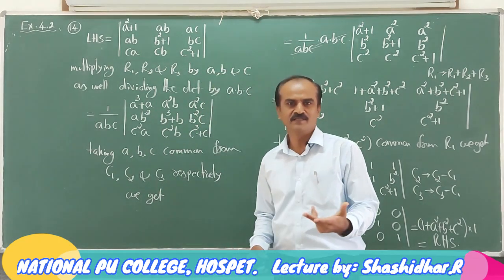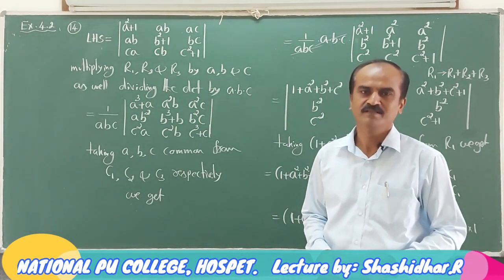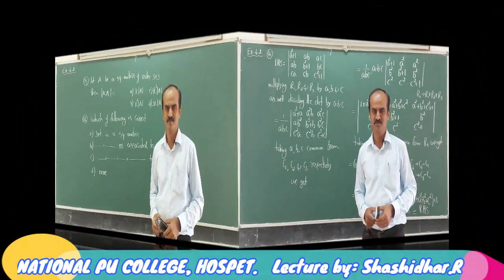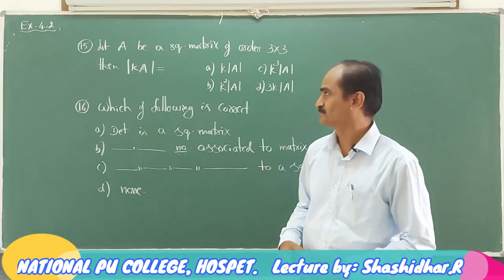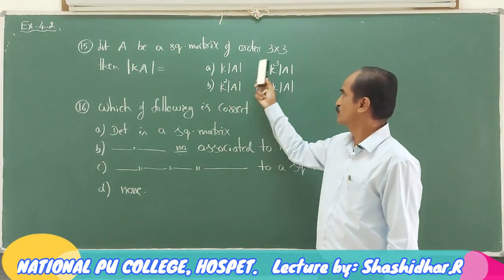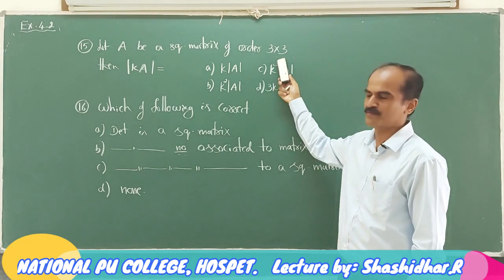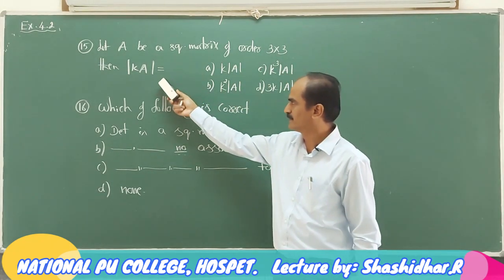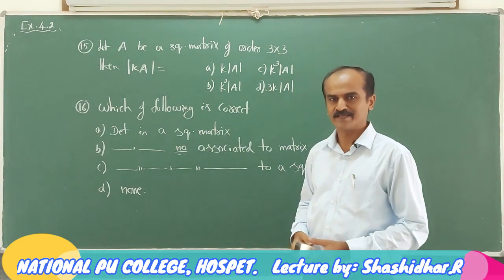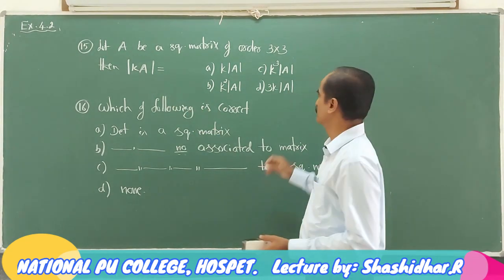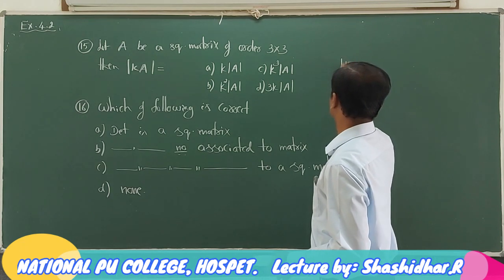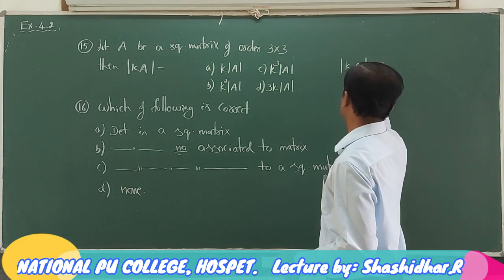Last, finally, we are left with the 2 multiple choice questions. They are simple, we will answer them also. 15th question. Let A be a square matrix of order 3 by 3, means it is a square matrix of order 3. Then determinant of k times A. I hope you remember, I already wrote the formula associated with this.